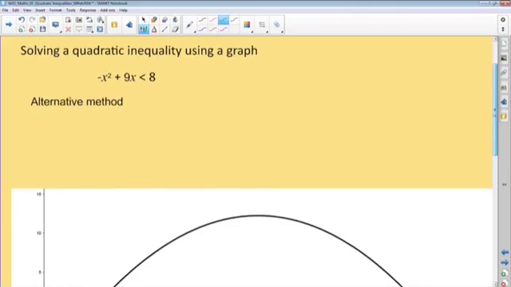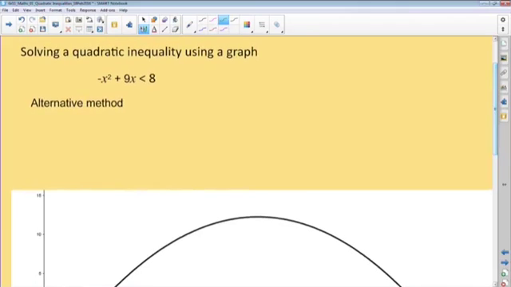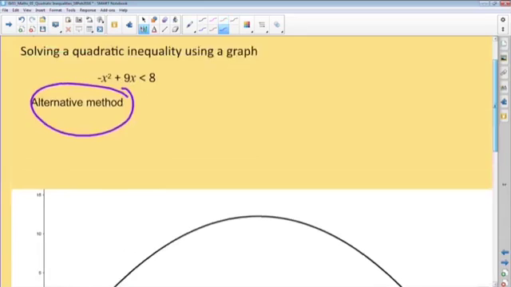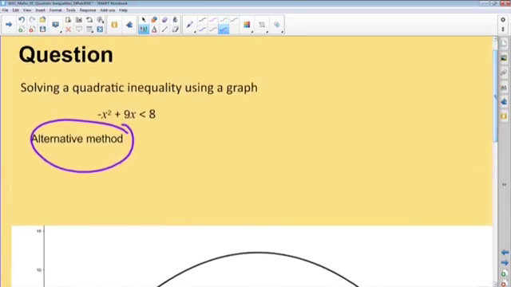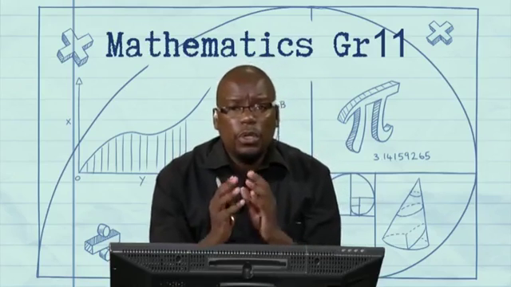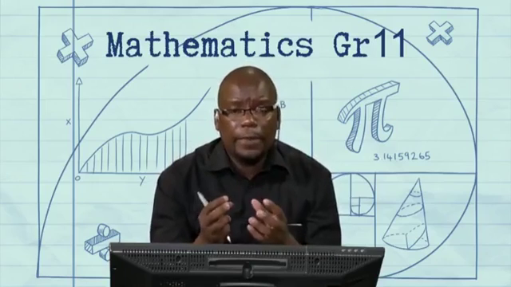Okay, now we're solving this quadratic inequality using a graph. This is our alternative method, all right? Now, what I'm going to do here is I'm not treating these two graphs separately.